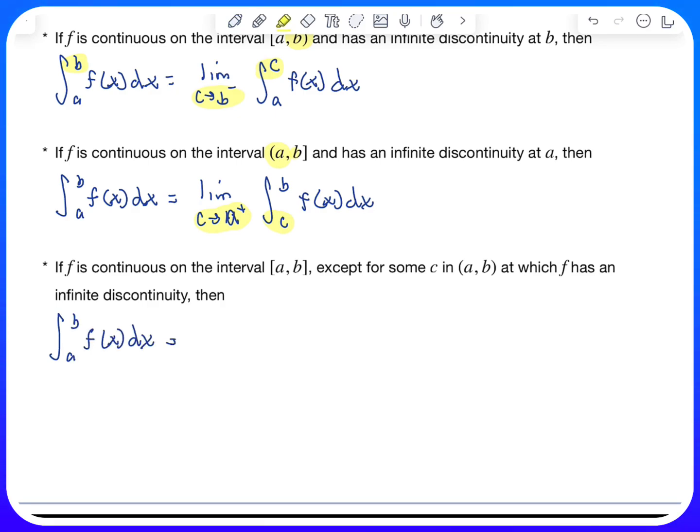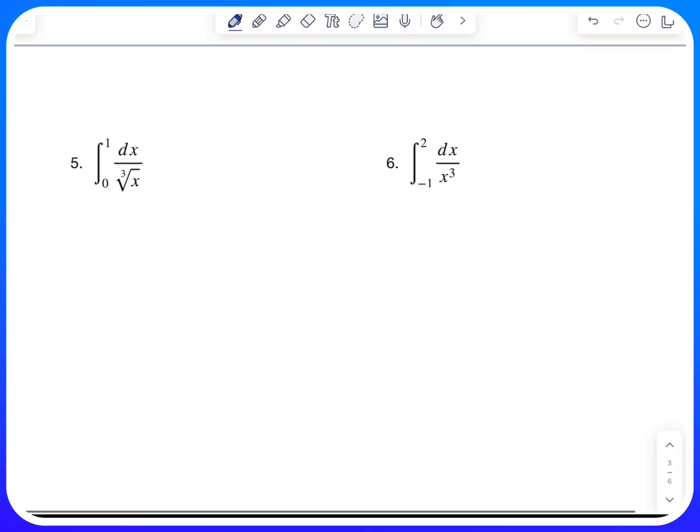We need to split this up at that point of discontinuity as the integral from a to c of f of x dx plus the integral from c to b of f of x dx, where c is the x value of our discontinuity.